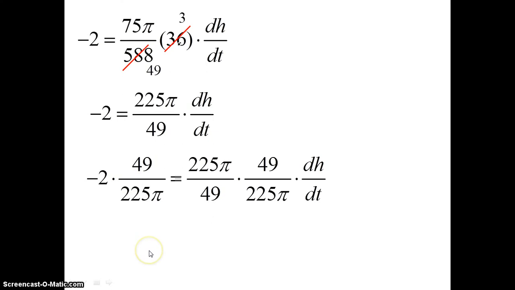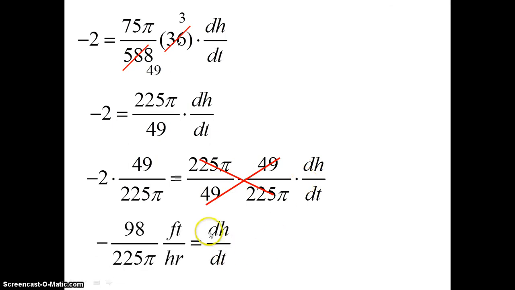Once you do so, you'll find that those cancel quite nicely on the right-hand side of the equation, isolating dH/dt for me. And when I take the -2, or -2 over 1, times our quantity 49 over 225 pi, I get -2 times 49 is -98. And then on bottom I have 225 pi.